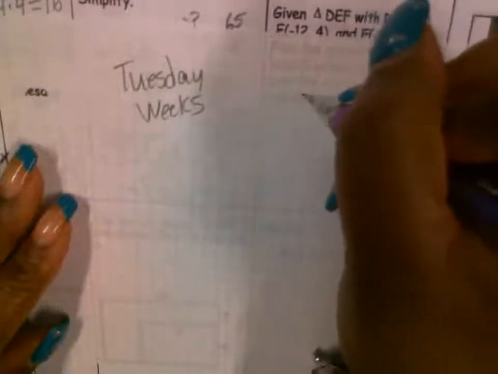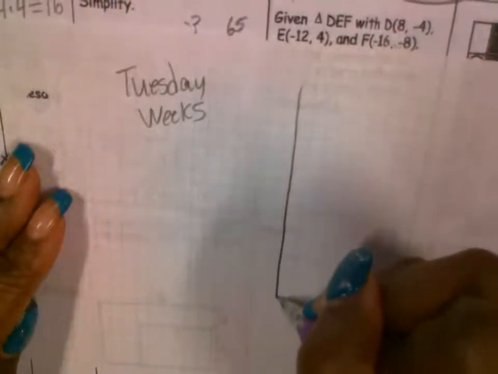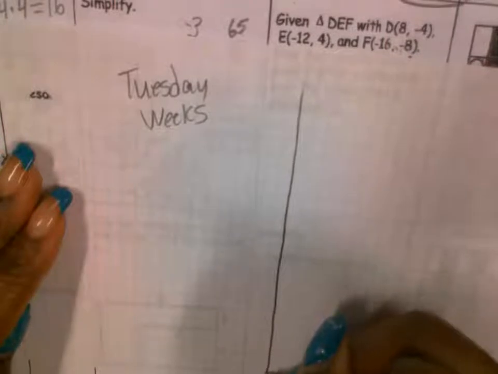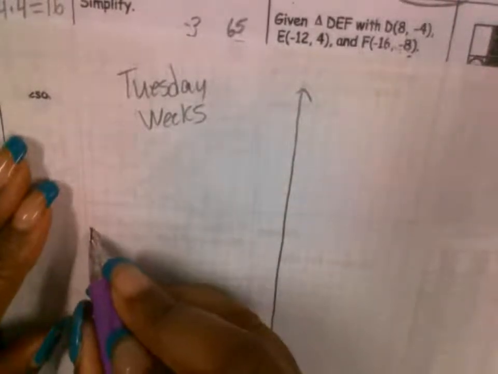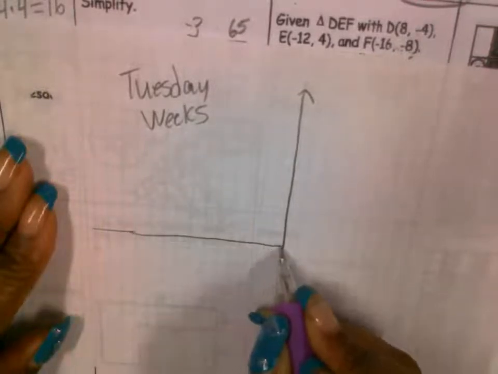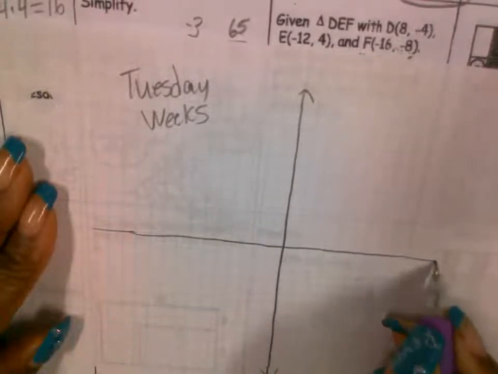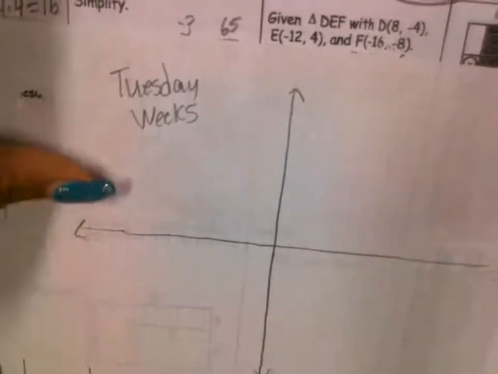This is week 5. Please make sure you don't lose this slip because we're going to take a picture of this and submit it on Friday. Or Thursday. We might submit on Thursday.